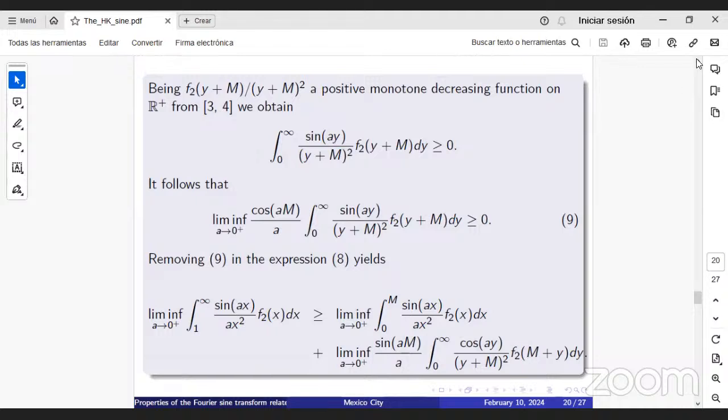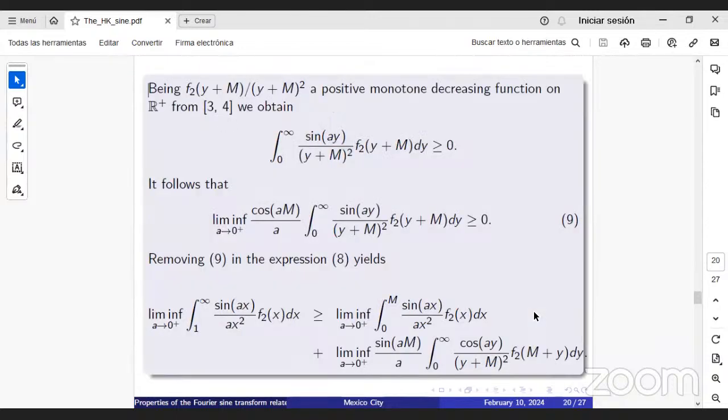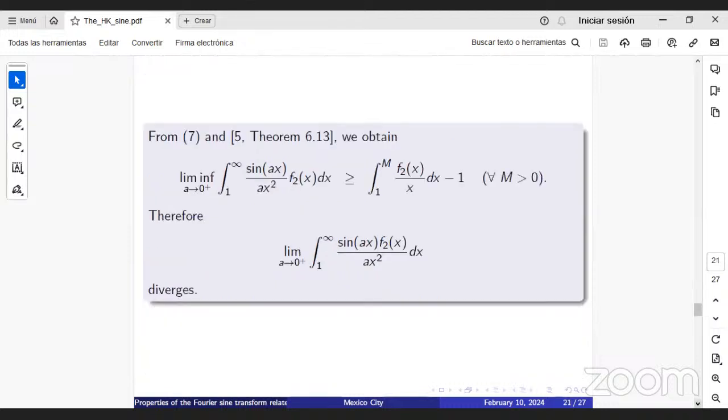From theorem 6.93, we obtain the following consequence. Therefore, the limit diverges.